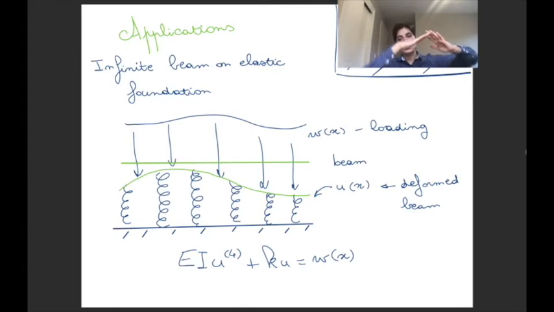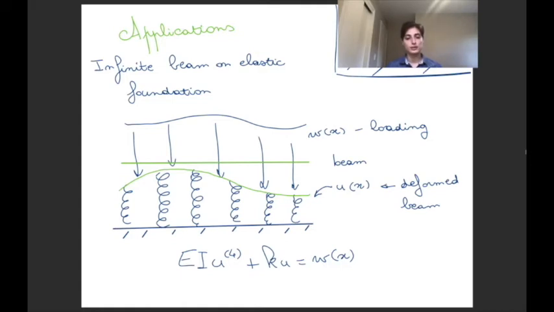So the beam is going to adapt and take a new value, u, that is the combination between the load on top and the elastic foundation at the bottom. So the elastic foundation gives you this term k that tells you how the springs are behaving, and the load on top can change over space, so it's a function of x.